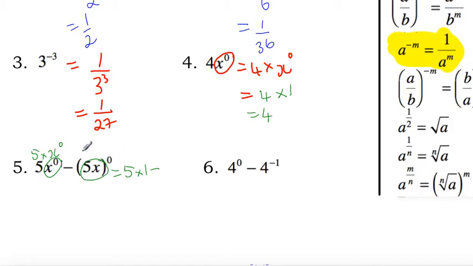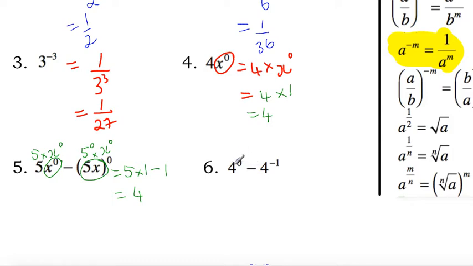Remember, we could use our distributive rule and say, well, that's the same as 5 to the 0 times x to the 0, which we don't have to, but it helps give you a visual. So the whole thing is to the power of 0. Anything to the power of 0 is 1. Simplifying that, 5 times 1 is, of course, 5, minus 1 is 4.